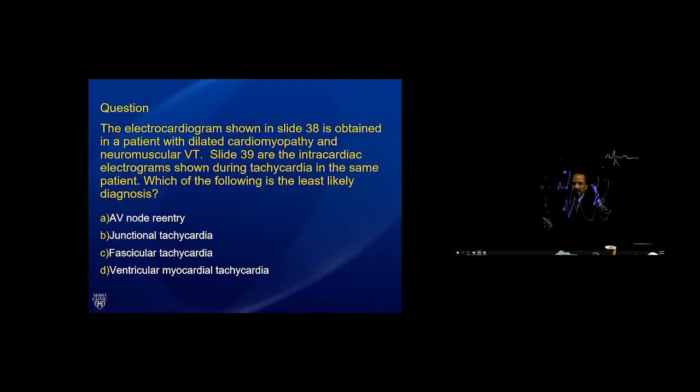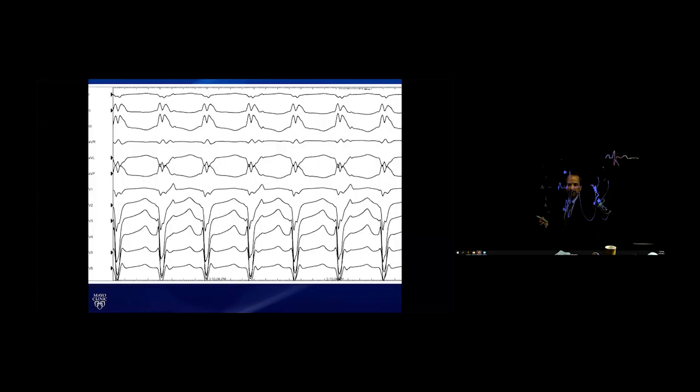This was a patient with a severe cardiomyopathy, actually had a storage disorder, severe cardiomyopathy, ICD shocks, and what we are seeing on the signal is more V's than A's, more V's than A's.